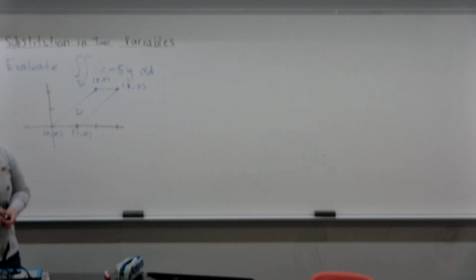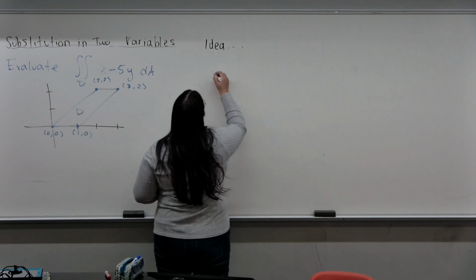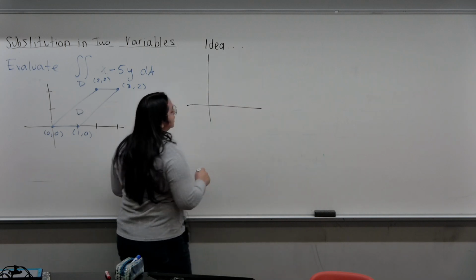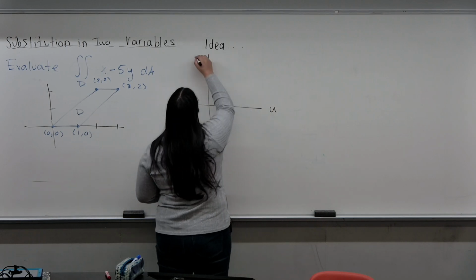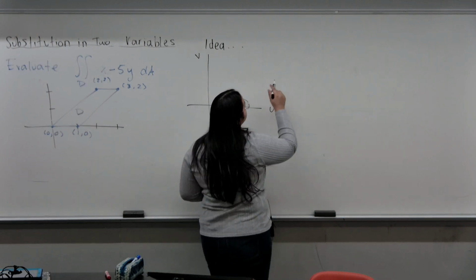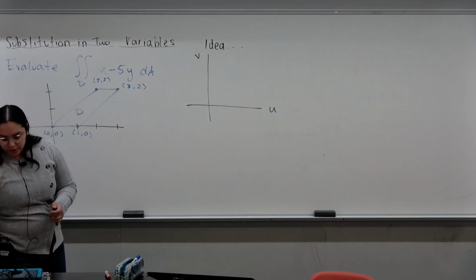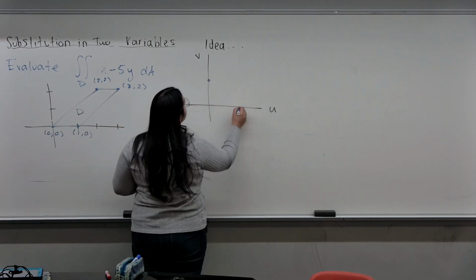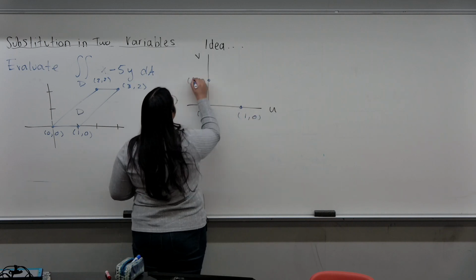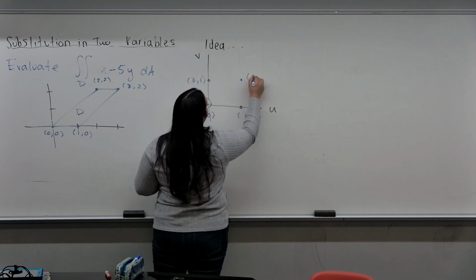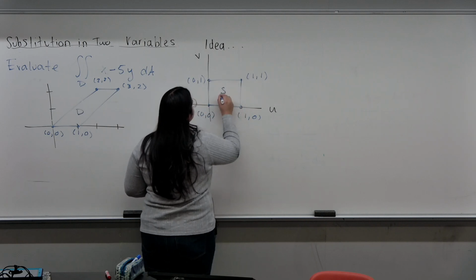So the general idea is that I want to find variables u and v that map from this region, and I'm going to just choose the unit square. So the vertices are (0,0), (1,0), (0,1), and (1,1). And I'm going to call this region S, right?